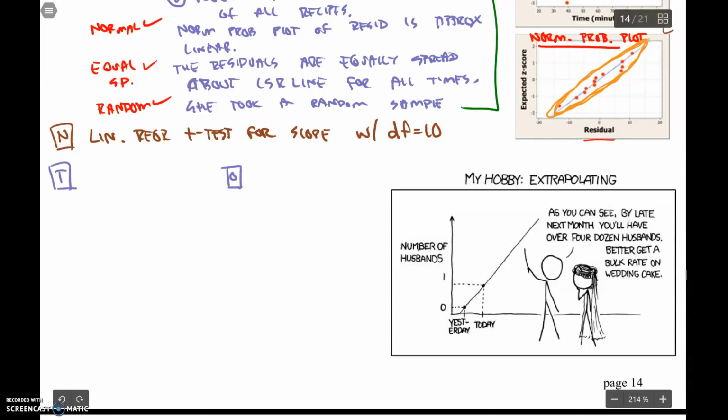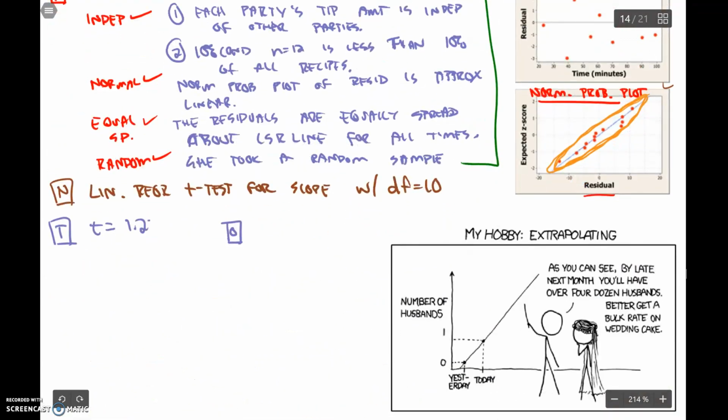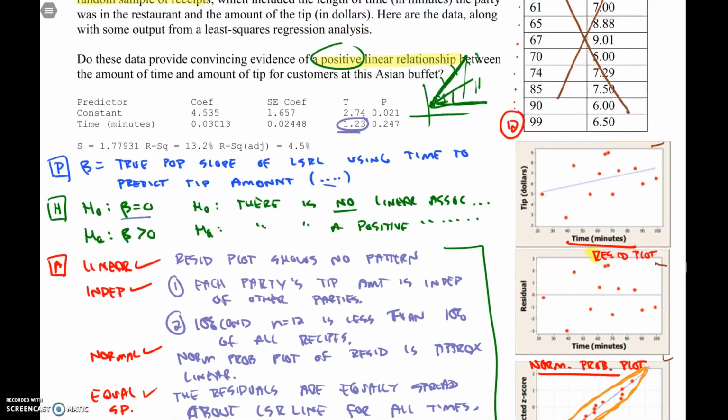This is where we're really going to save some time. The test statistic is just t equals 1.23. Our null is beta equals 0, so we can just take that value without doing any work.